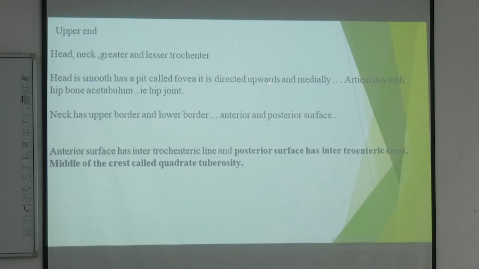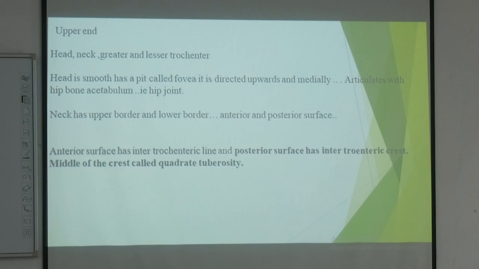This head is directed upwards and medially. It joins with the other bone, the femur, making a joint which we call the hip joint. So there are two hip joints, the right side hip joint and the left side hip joint.